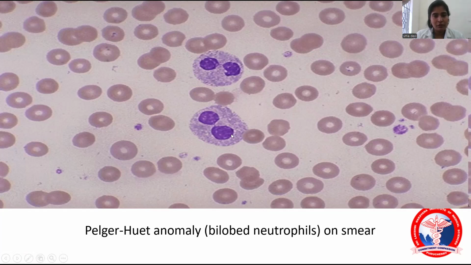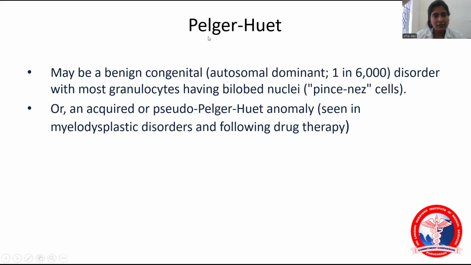So they are neutrophils, and these neutrophils you see in a benign congenital condition sometimes, and that anomaly is called Pelger-Huet anomaly. It is a congenital condition, autosomal dominantly inherited. And these granulocytes are pince-nez shaped, and some of them are even called Stodtmeister cells.